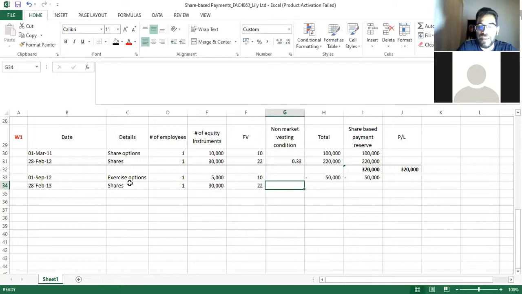The vesting period now, what's the vesting period now? So remember, 2 years basically pass by. So another 1/3.